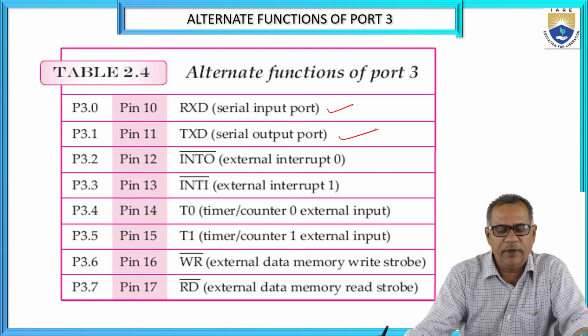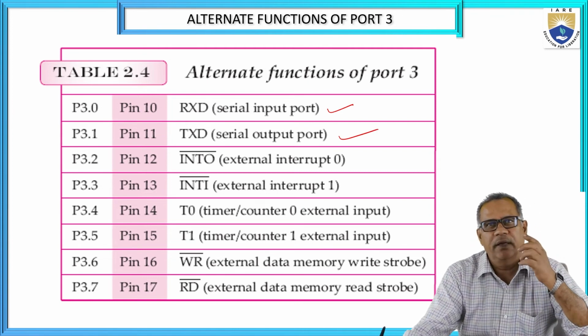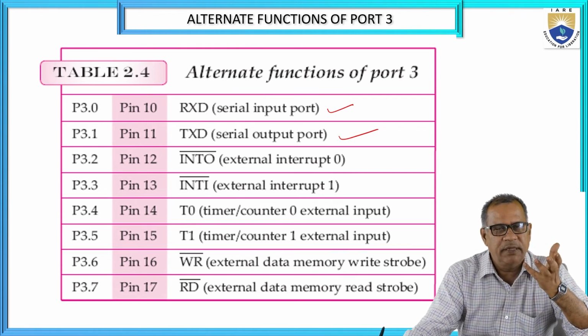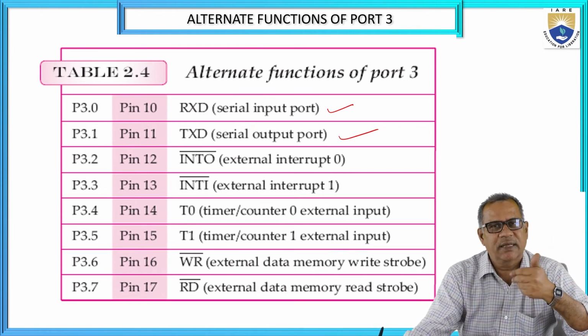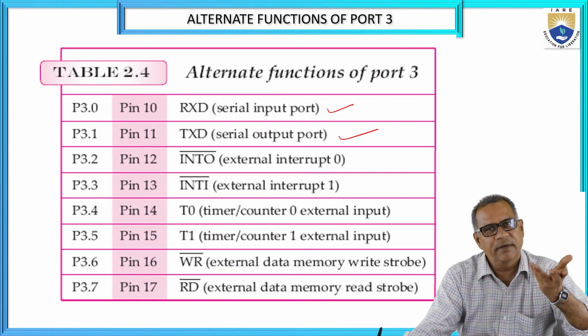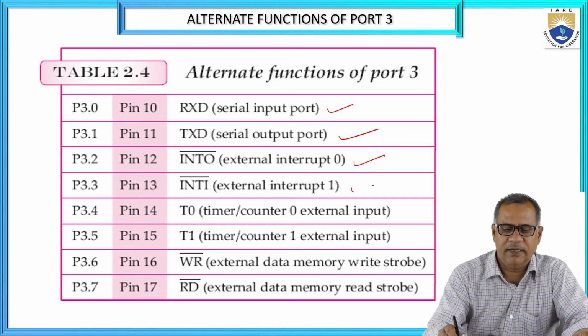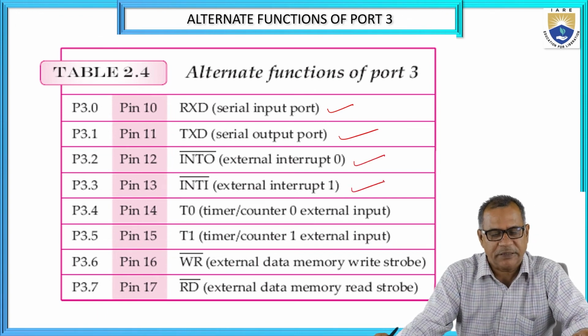P3.2 and P3.3 are used for interfacing devices, and those devices can request the service of the microcontroller when needed. So these are meant for the external interrupts, pin 12 and pin 13, that is port 3.2 and port 3.3.